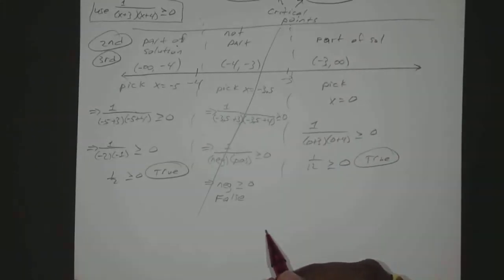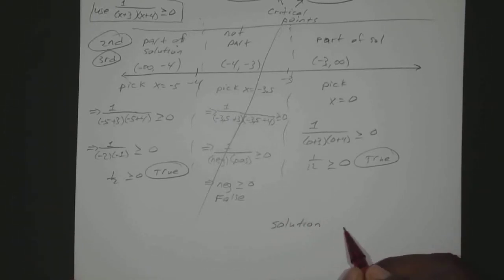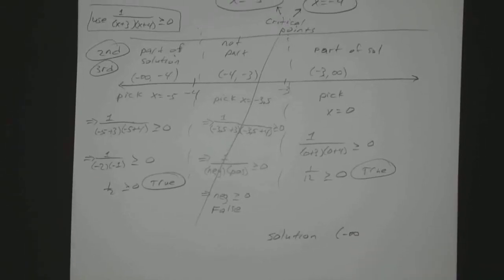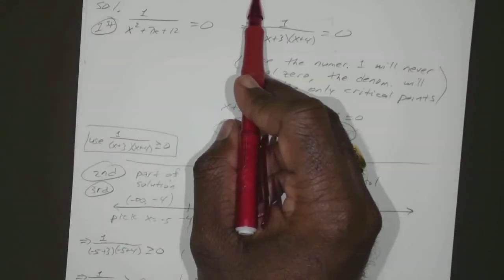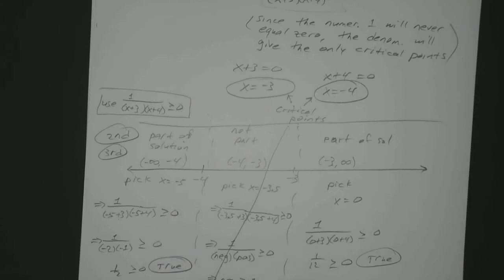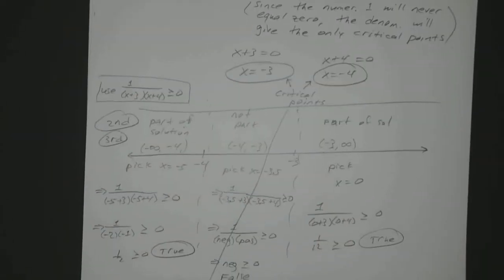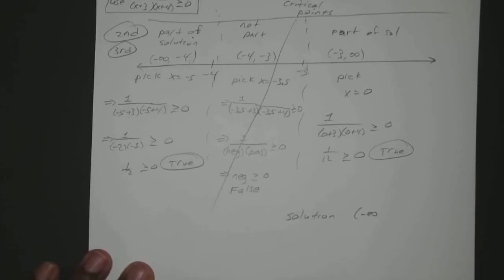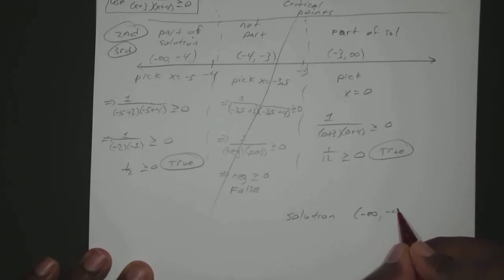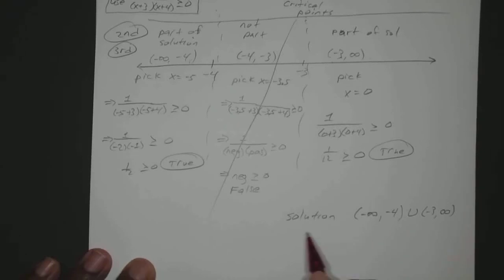So our solution interval will be from negative infinity to negative 4, or from negative 3 to infinity. Remember it's greater than or equal to, but we have to use parentheses for those, simply because if we put in negative 4, it will make the denominator 0. If we put in negative 3, it will make the denominator 0.